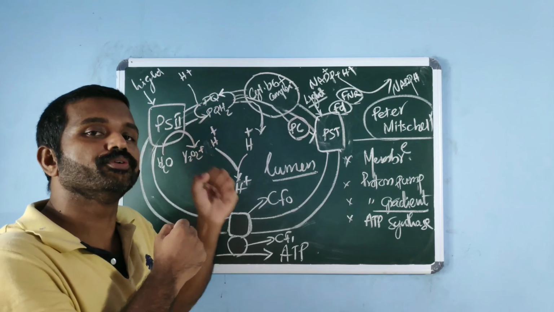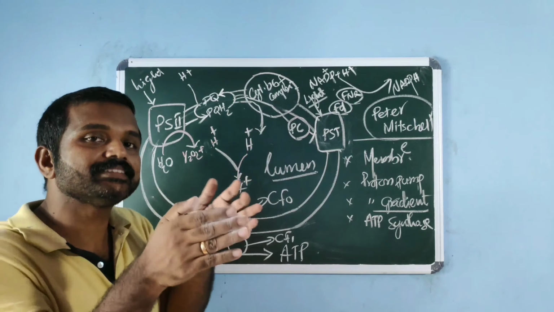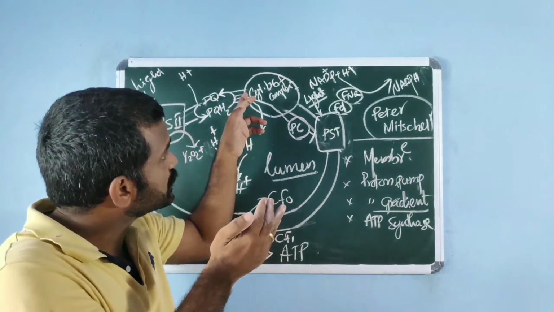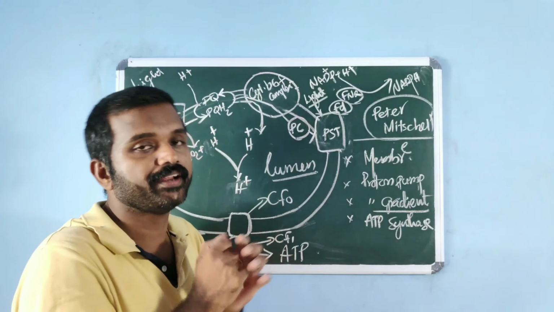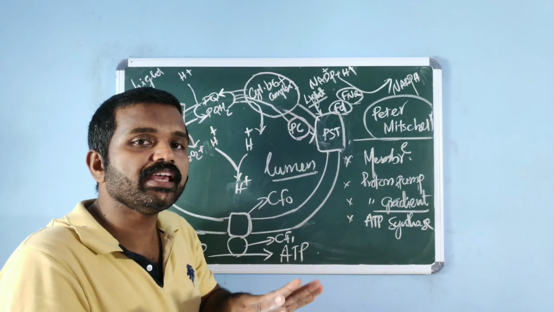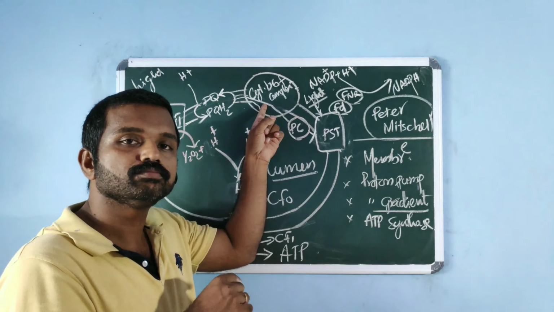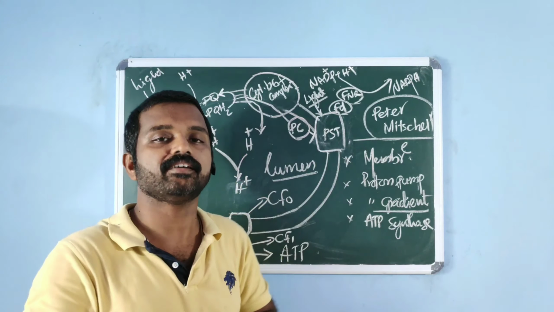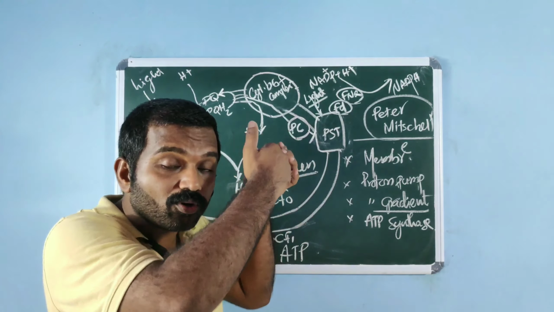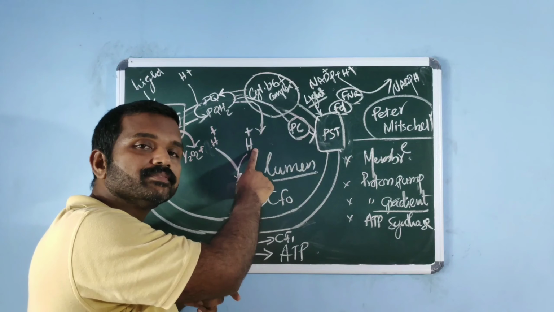From this plastoquinone, cytochrome, the next immediate carrier, located towards the inner side of the thylakoid membrane, receives only electrons because it is only an electron carrier. As a result, protons are released into the lumen.